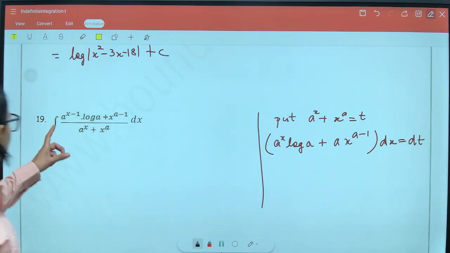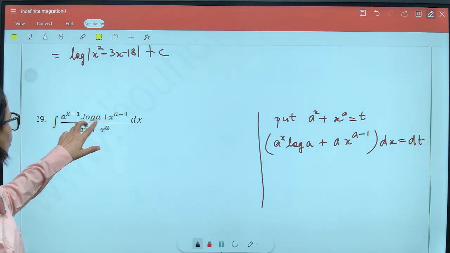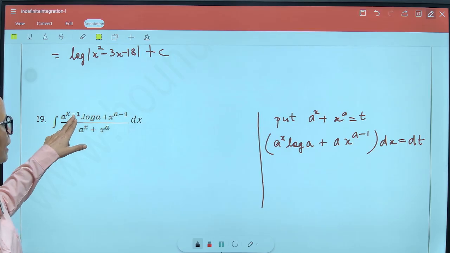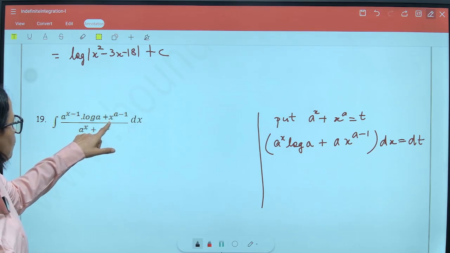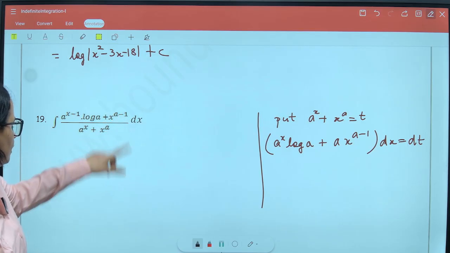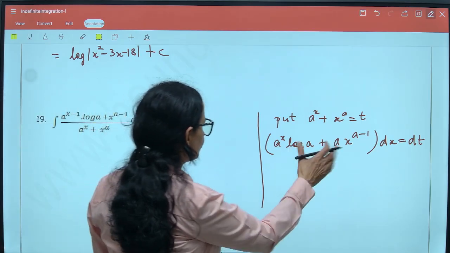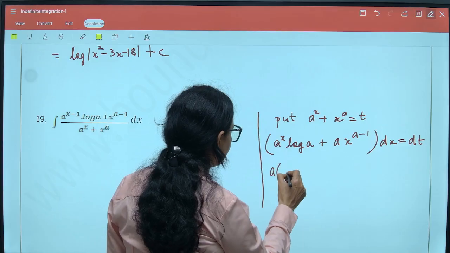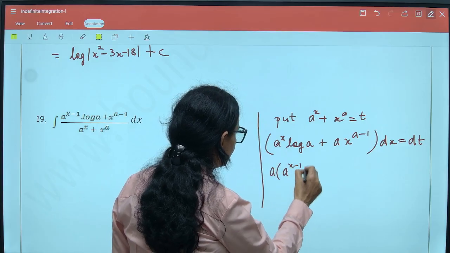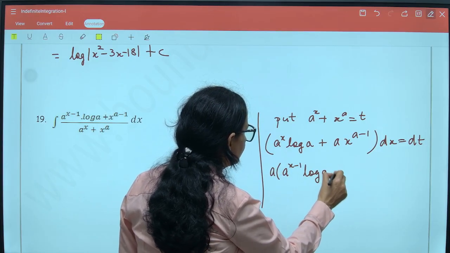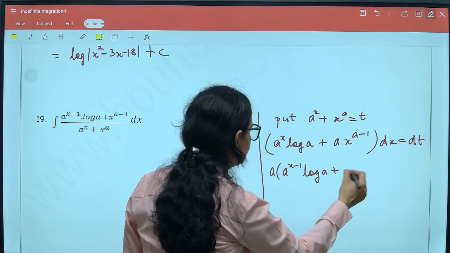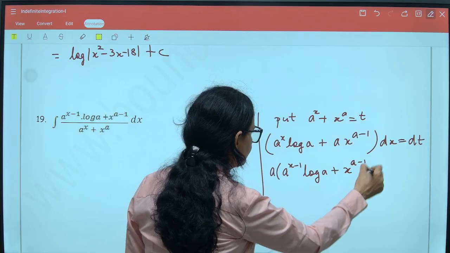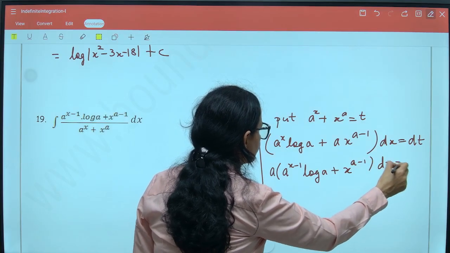Look at the pattern of the question now. With log a you have a to the power x minus 1, and the exponent for x is a minus 1. So what you do is, if you take a common out, it becomes a to the power x minus 1 log a plus, a has gone out, so it is x to the power a minus 1 here, dx equals dt.